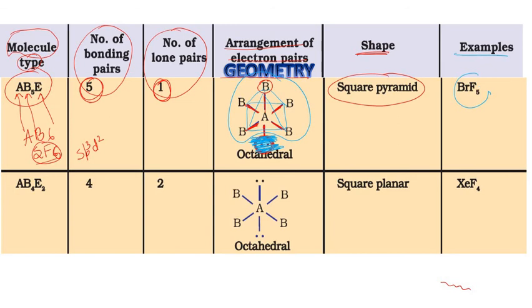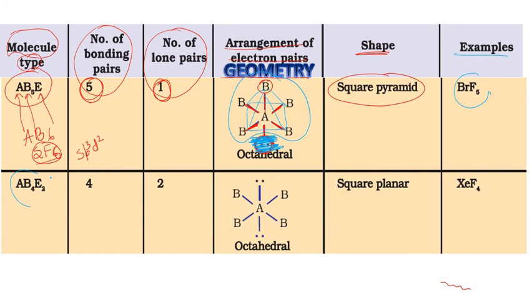And similarly, if the molecule type is AB4E2, it means there are 4 bond pairs and 2 lone pairs. Of course, 4 and 2 added is 6 only, right?